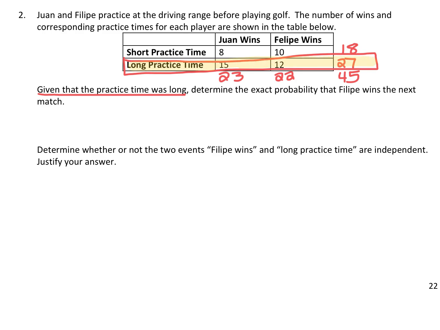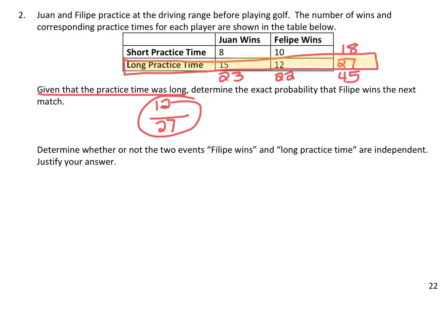All right, so given that the practice time was long, so if we go to the total of that category, it's 27, so that'll be the denominator of our fraction. Okay, now let's keep reading. Determine the exact probability, which just means leave it as a fraction, that Felipe wins the next match. So out of the 27 long practice times, come over here and say, look, 12 out of those, Felipe wins. So 12 out of 27.